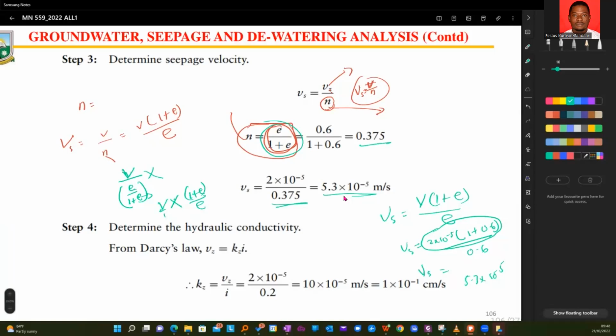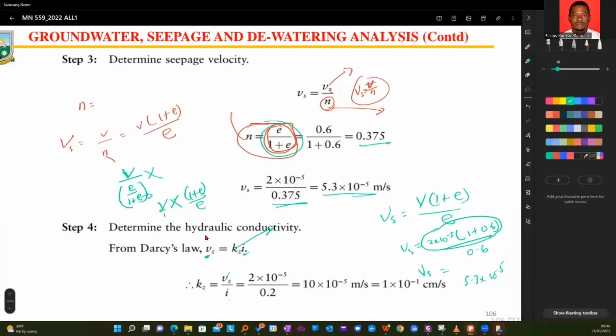Then the final thing here is for us to determine the hydraulic conductivity. So from Darcy's law, which says that average velocity is equal to coefficient of permeability times i, which is the hydraulic gradient. We know our average velocity.